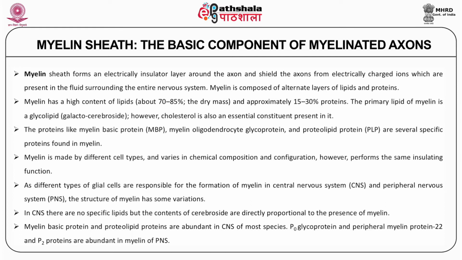If you recall from our previous modules, this amount is different from other cell membranes, and this membrane has a larger amount of lipid as compared to the protein ratios. The primary lipid of a myelin sheath is a glycolipid that we call galactocerebroside, but it also contains cholesterol, which is an essential constituent present in it.